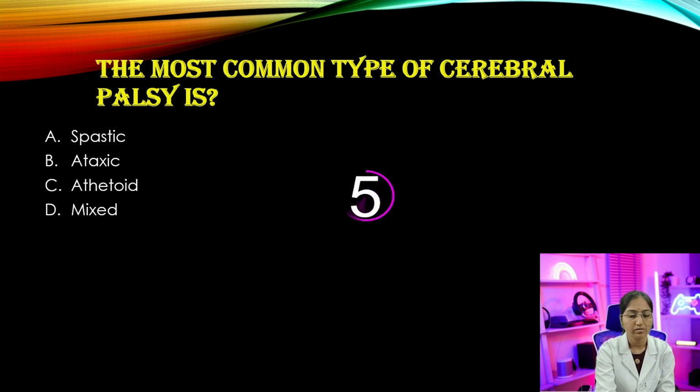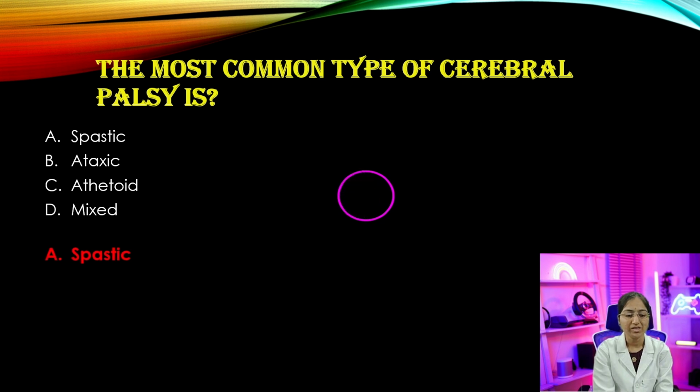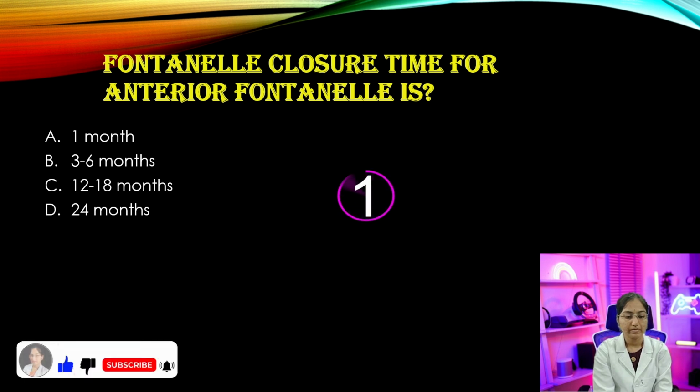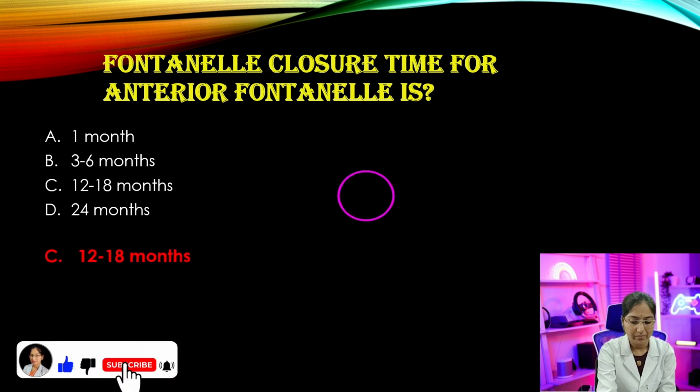These are the options. Right option is spastic. Next question. Fontanel closure time for anterior fontanel is. Options given. Option is 12 to 18 months.